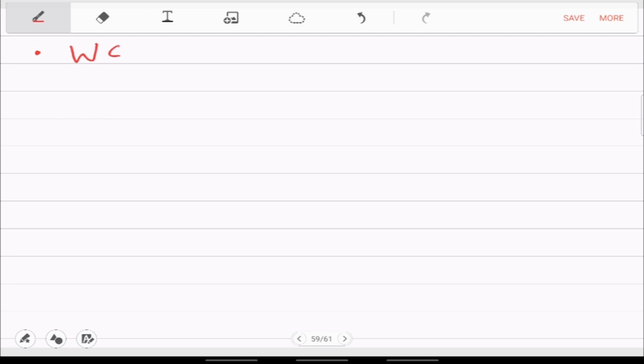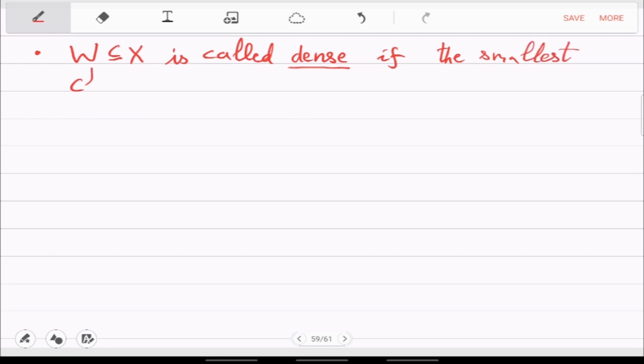So W, a subset of X, is called dense if the smallest closed set containing W is everything.